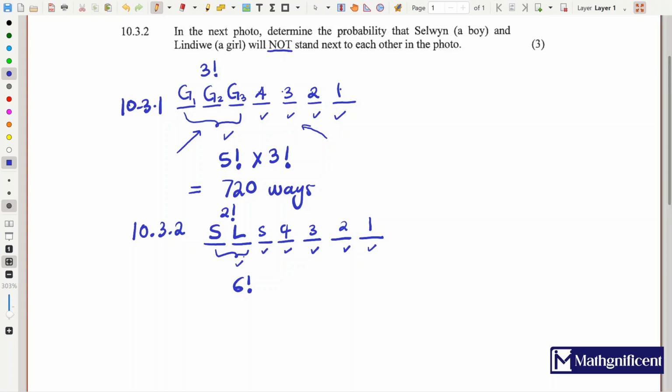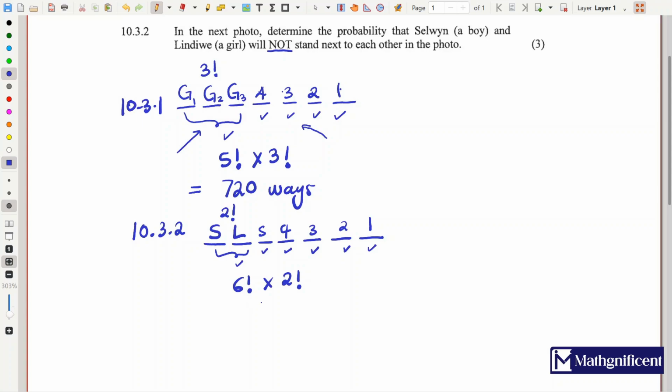And in how many ways can S and L stand next to each other? They can stand in 2 factorial ways, right? So now we know in how many ways these 2 can stand next to each other. Then what can we do? We find the probability that they stand next to each other first.